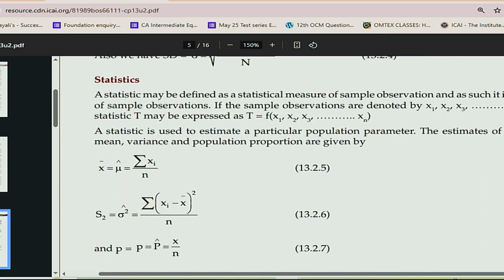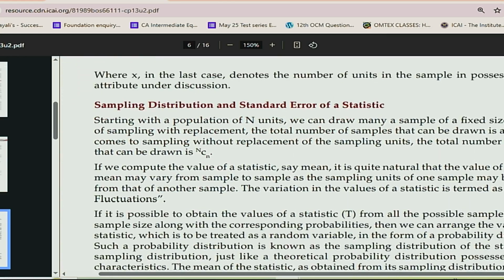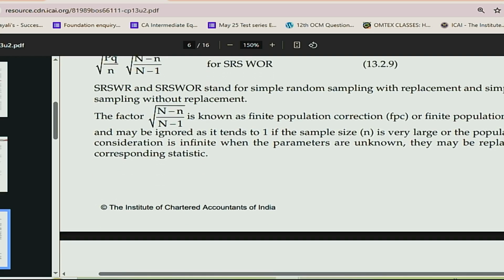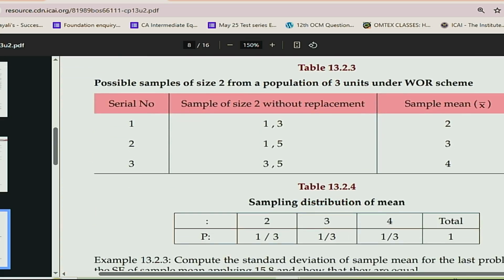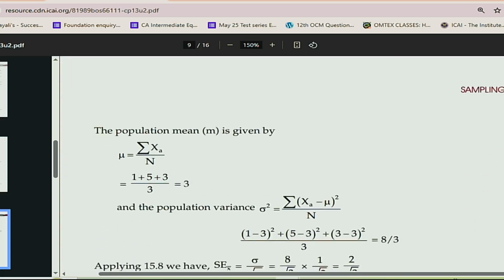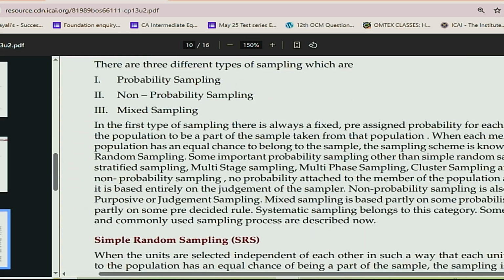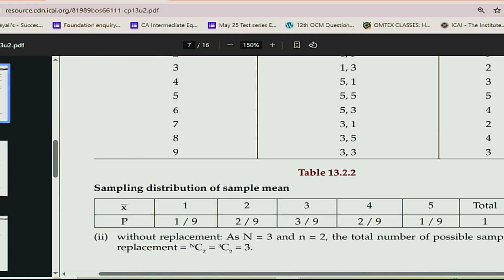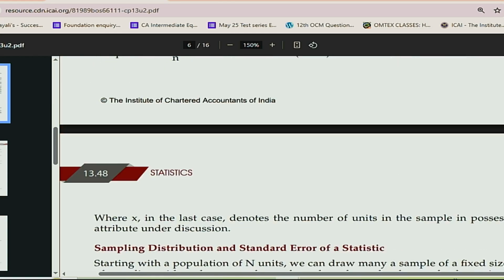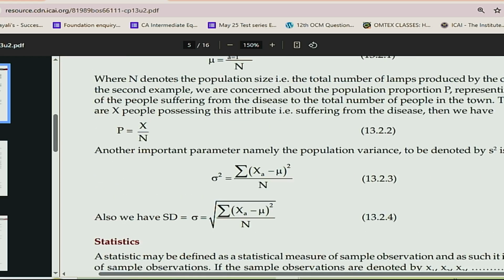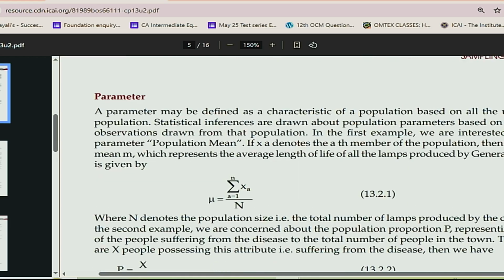Parameter, formula, statistics, sampling distribution. We will require two more sessions for this, I guess. Okay, write down. Give the heading as parameter.